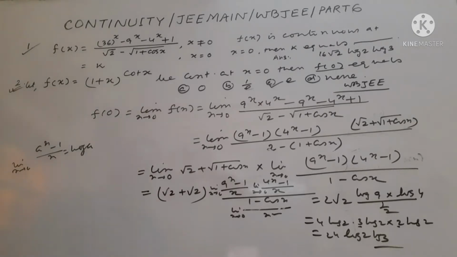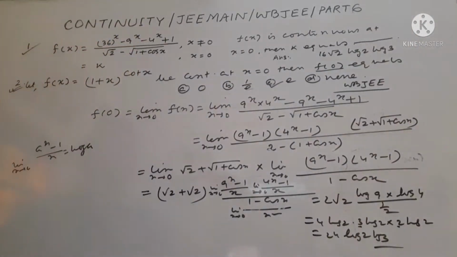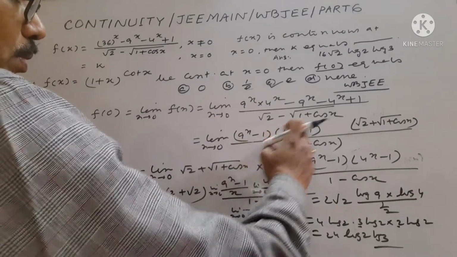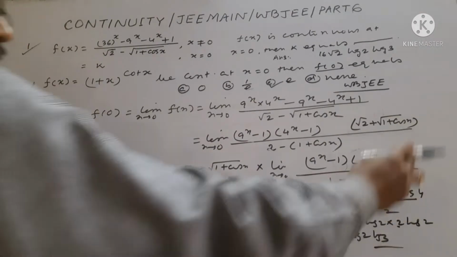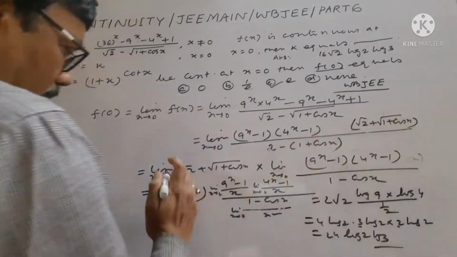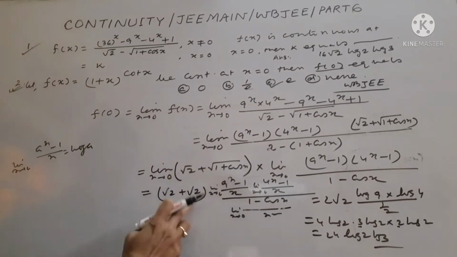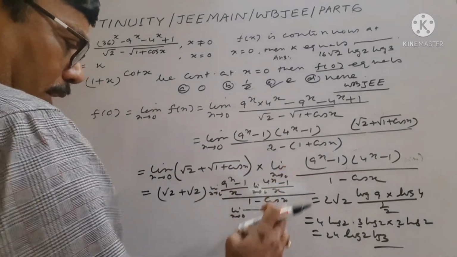So let us verify again. The answer is not matching. So (9 to the power x minus 1)(4 to the power x minus 1) over 2(1 minus cos x). The rationalizing factor creates no problem, so root 2 plus root 2, okay. Then 9 to the power x minus 1, 4 to the power x minus 1 by x.